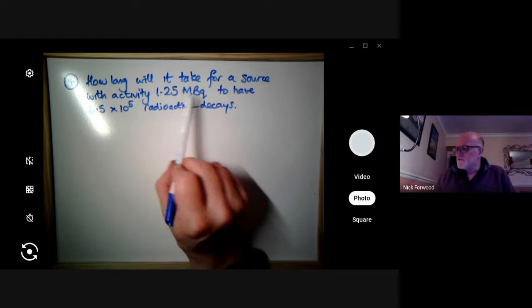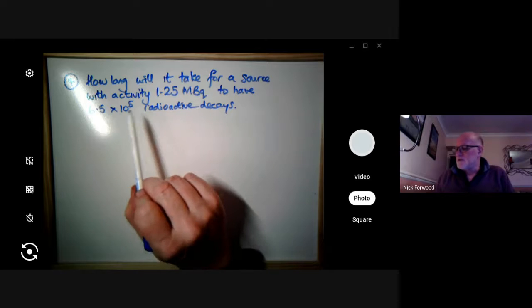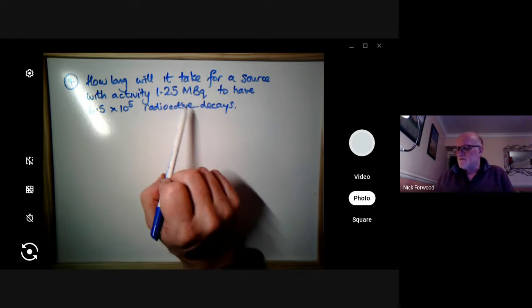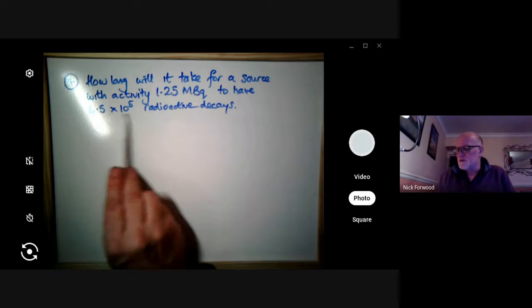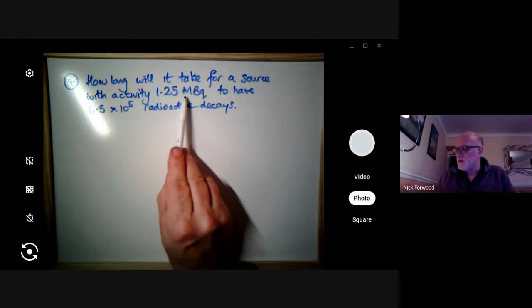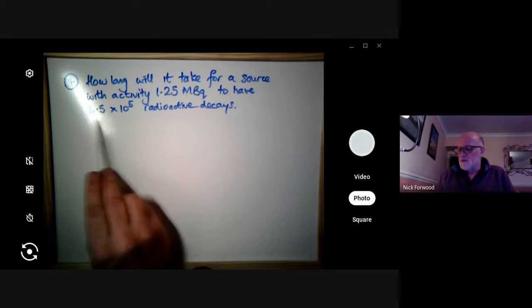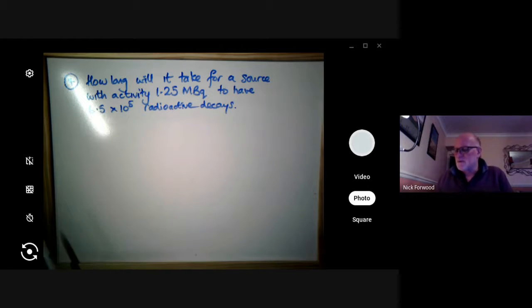And you've got to remember what the prefix means and be able to write it down in what's called scientific notation. And this is scientific notation. So not only do you need to remember what the prefix is, you need to remember how to enter these sort of numbers into your calculator. So you're going to have to do a bit of memory refresh on how to do this sort of thing.